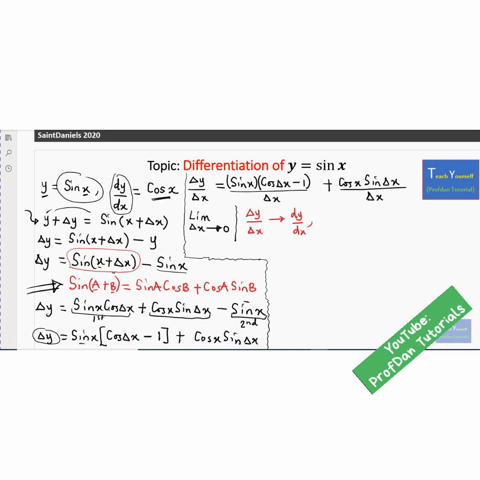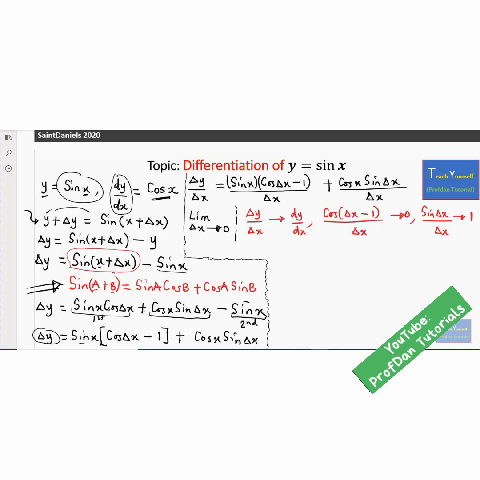We are also aware that cosine of delta x minus 1 over delta x will tend to 0. And lastly, we know that sine of delta x over delta x will tend to 1.